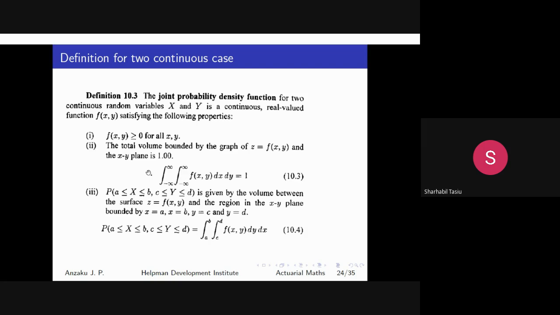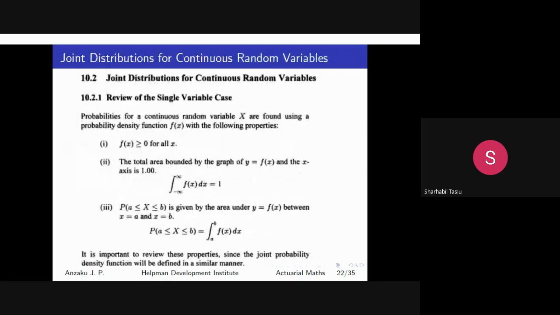When we integrate the joint continuous distribution, we're going to get 1. So we're modifying the conditions for the single case, as we have here, the non-negativity, the integral, and the intervals, to fit the properties for the double case, the bivariate case.